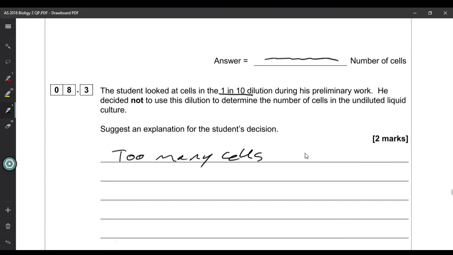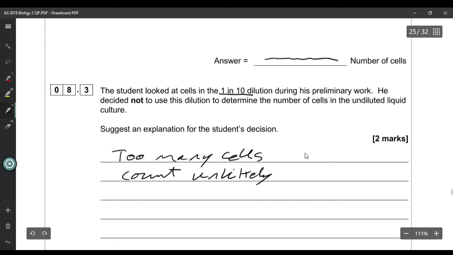Now, some students said there's too many cells, but you've got to reference why there's too many, and it's all to do with counting. Some students say there's too many cells, therefore time consuming, but again, that is not the issue. It's to do with the count itself. So there's too many cells and the count is unlikely to be accurate.